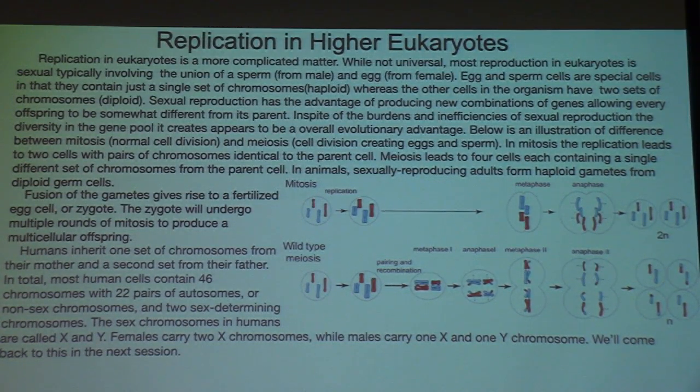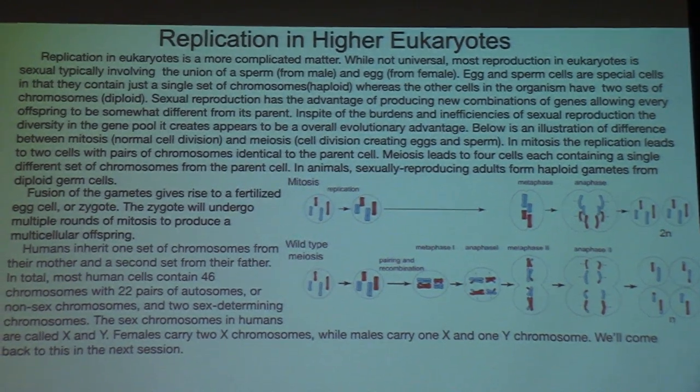of chromosomes. So their union together gives you 2 sets of chromosomes. This mode of sexual reproduction has the advantage of producing new combinations of genes, allowing every offspring to be somewhat different from its parent. In spite of the burdens and inefficiencies of sexual reproduction, the diversity in the gene pool that it creates appears to be an overall evolutionary advantage.